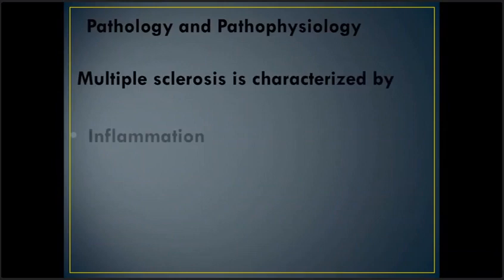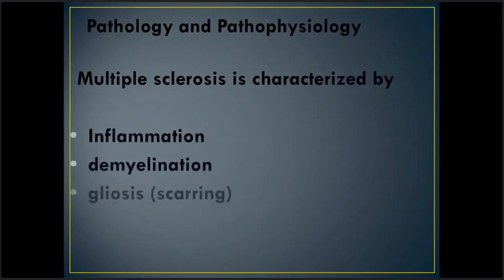Pathology and pathophysiology of multiple sclerosis. At the beginning, there is an inflammation. Later on, with inflammation, we see the demyelination, the characteristic of the disease.